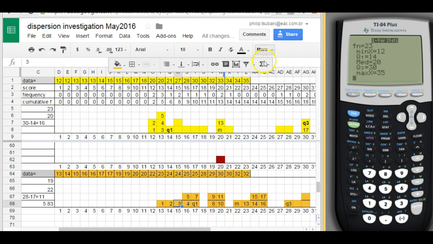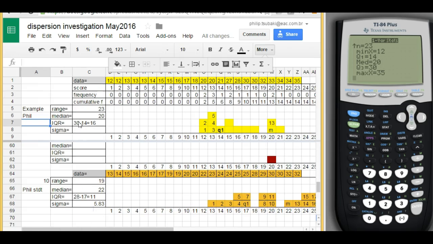And the median is 20, yeah. And finally, the IQR. The way you figure out the IQR is you do Q3 minus Q1, so 30 minus 14, that gives you 16. So the IQR is right there. Okay, so the numbers I got from the calculator are the same as the numbers that I calculated manually, and I can write here that the sigma value was 8.23.